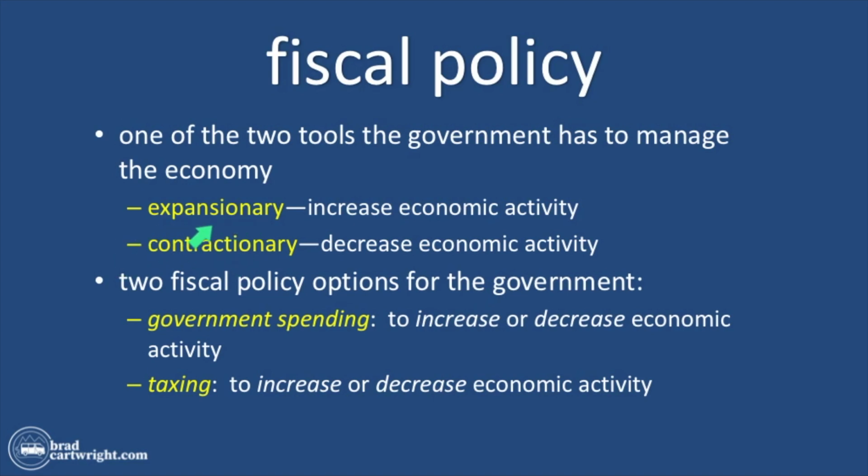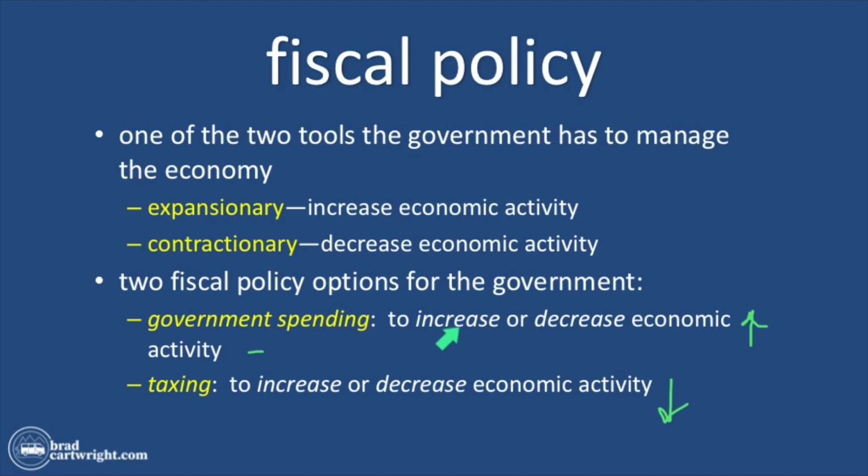Okay, expansionary means that it would be a fiscal policy used to increase economic activity. So what would that mean? Well, if you want to increase economic activity, you are going to raise government spending or decrease what? Tax levels. Because if the government spends more, of course, there's going to be more economic activity going on in the economy.